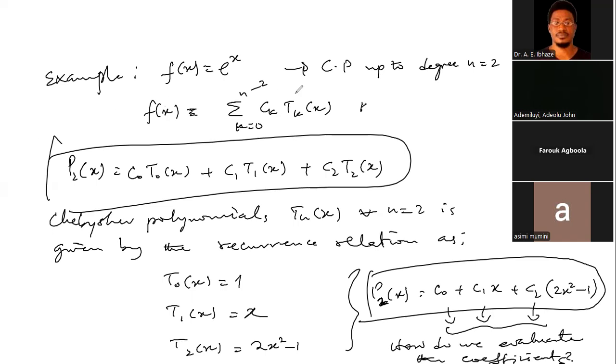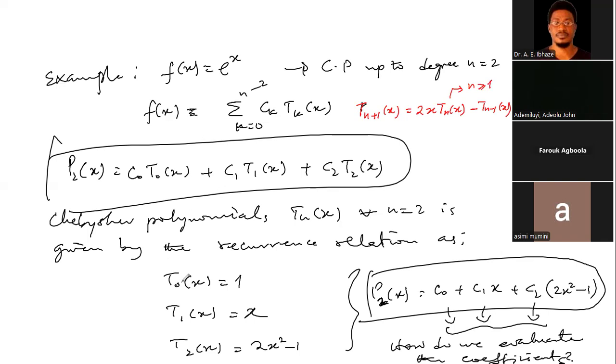That will be T n plus 1 of x would be the same as 2x T n of x minus T n minus 1 of x, right? Now this applies when n is greater than or equal to 1, right?